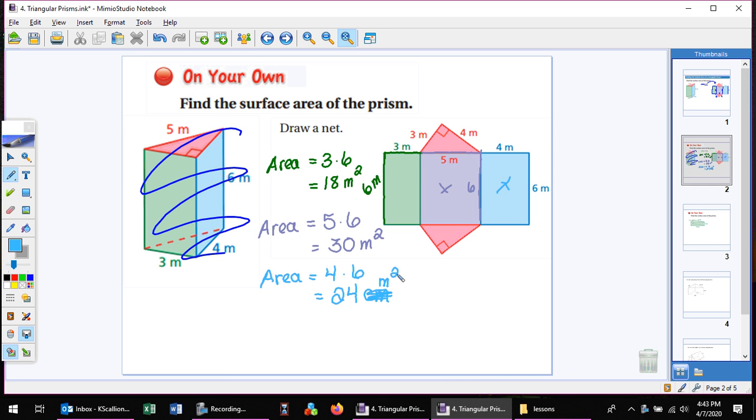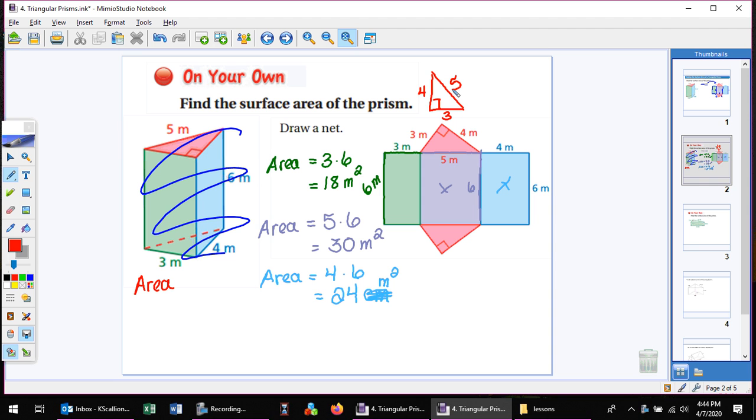Now to the red triangles. To find the area of a red triangle, I'm just going to change this triangle a little. This has a right angle in it, so I can draw it that way. This is 3, this is 4, there's my right angle, and that would be 5. I'm doing this so I can see the base and the height.